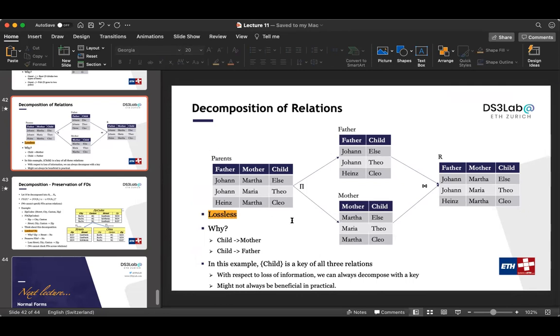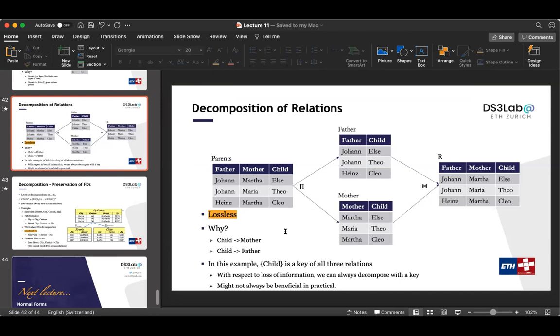Yeah, when you change your smaller relations, of course your join result will change, but lossless decomposition has nothing to do with updates of the small relations. For any relation instance you give me as a parents relation, I can always do this decomposition and join them back and get the same thing. If you really want to think about it as an update, you will have a new parents relation, and then every single small relation will change. You join them back, and you get a changed large relation at the end.